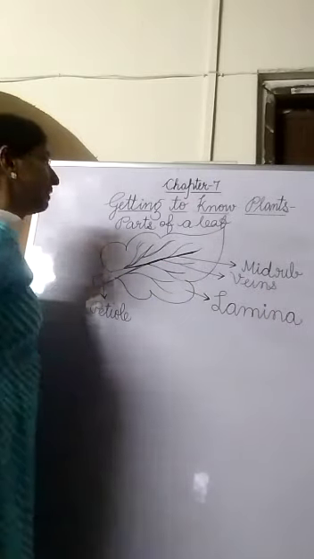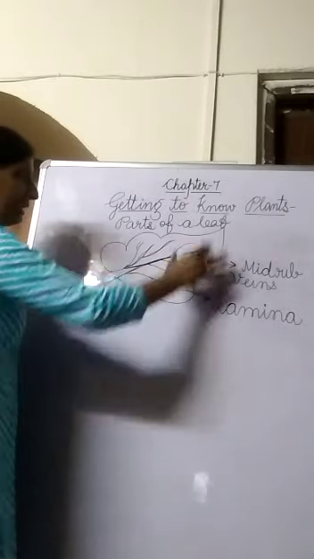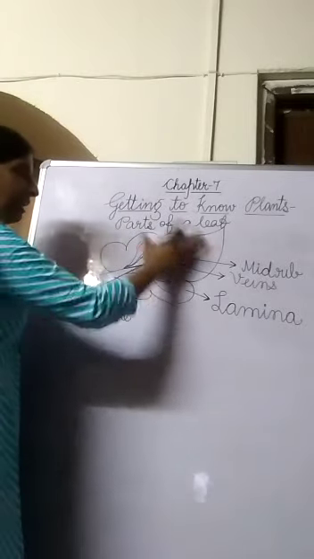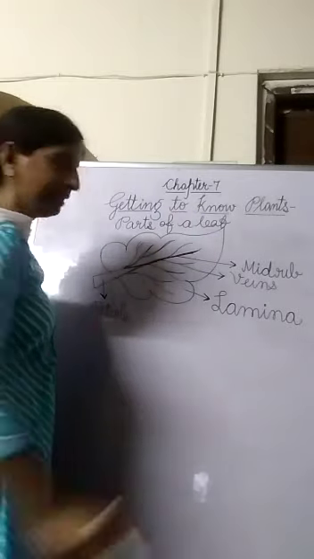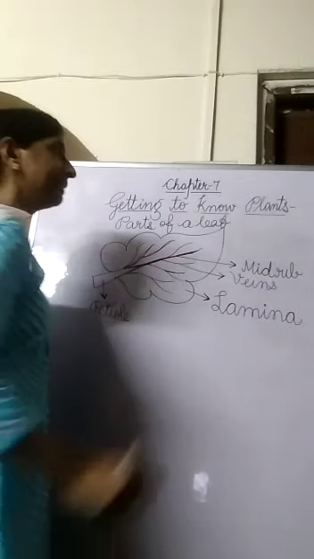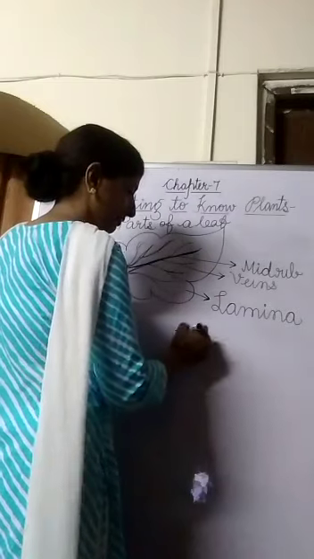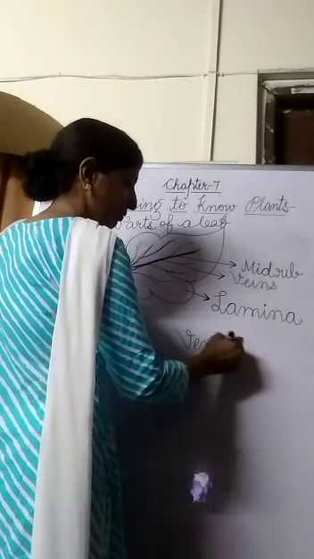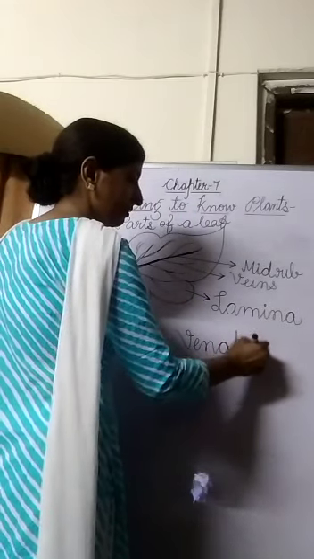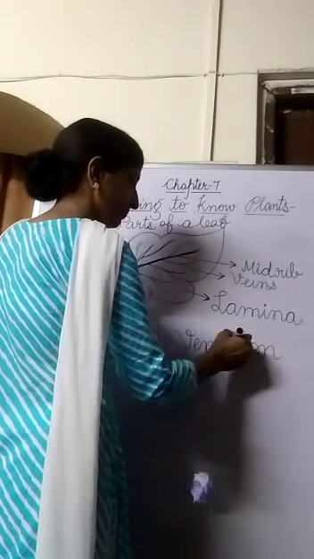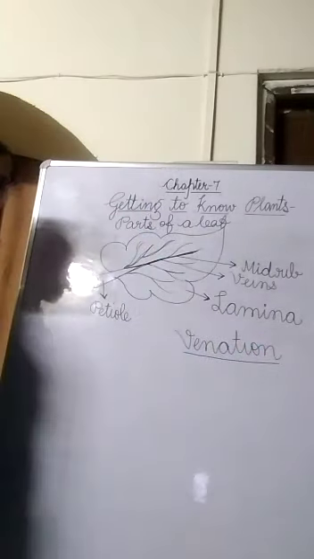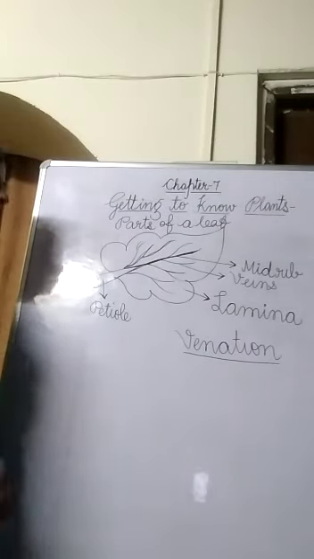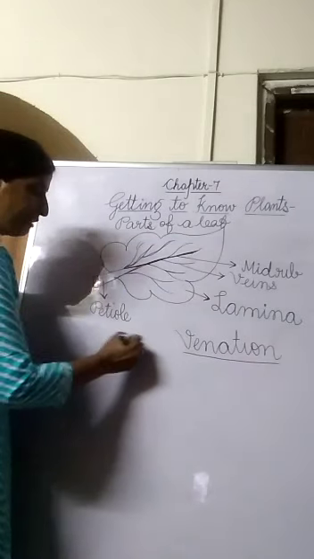So now you can see that there is a net-like pattern on the leaf. Due to veins, a net-like design is formed on the leaf, and this is called venation. So the net-like design formed by the veins on a leaf is called venation. This type of venation is called reticulate venation.